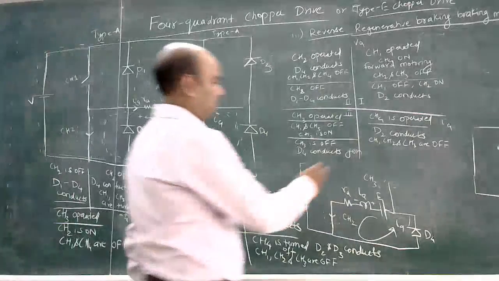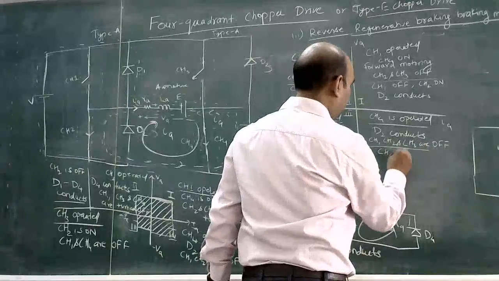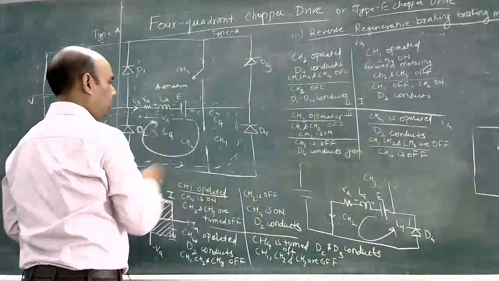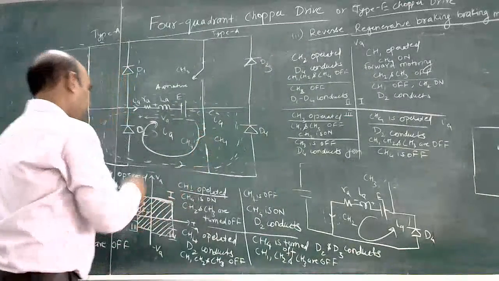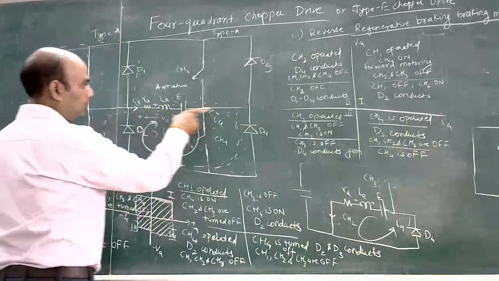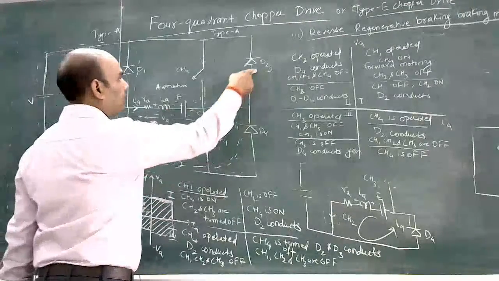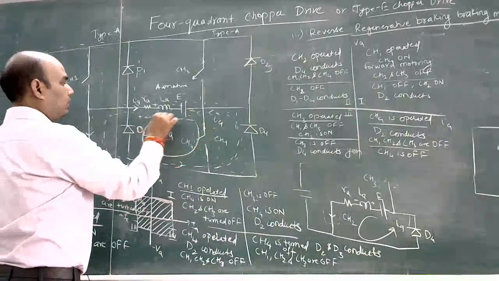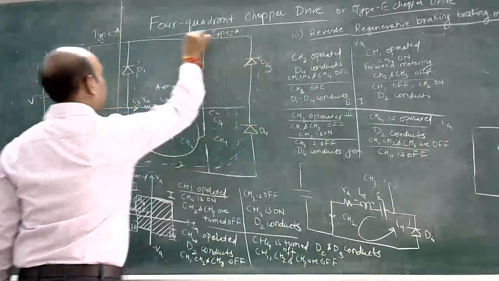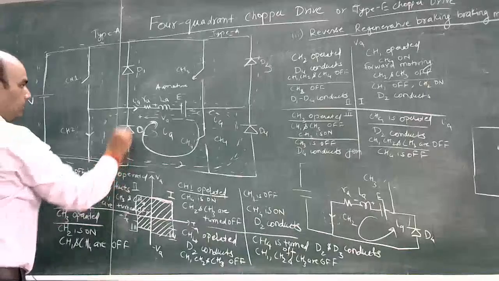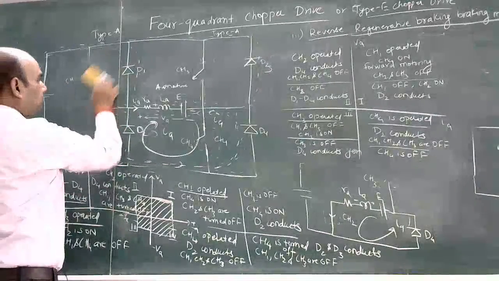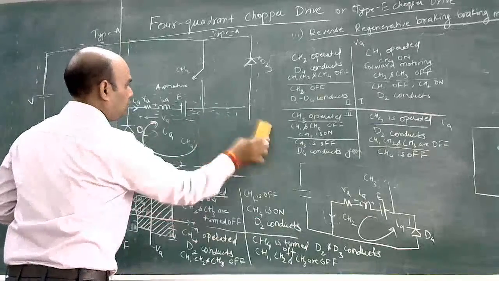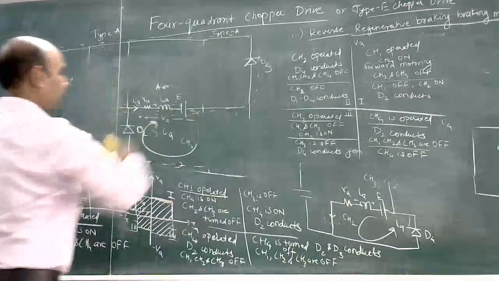So when CH4 is turned off, the only possible path where this current can flow is through D3, and back to the source.